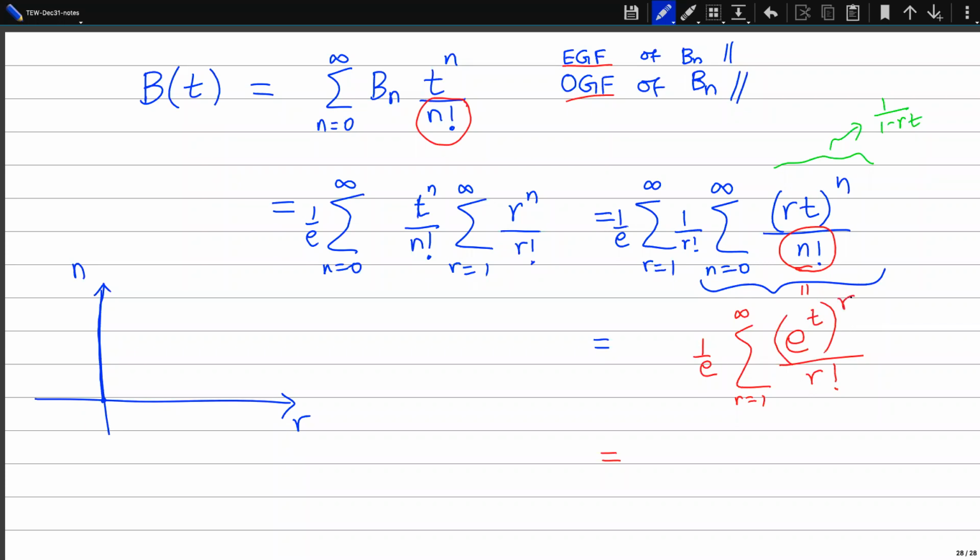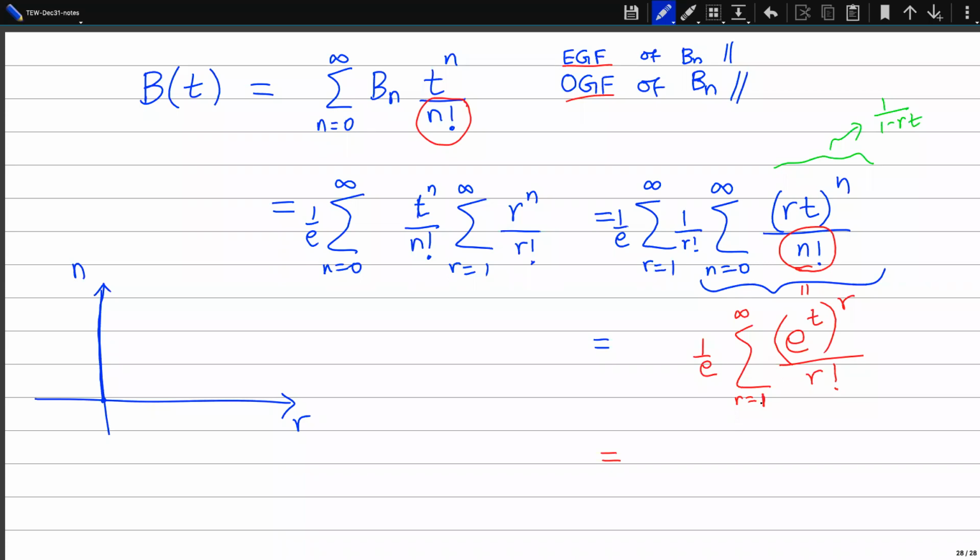So this is actually another exponential series where instead of x^r by r factorial, x is like e^t. But I'm missing a term, since r equal to 0 is not there.